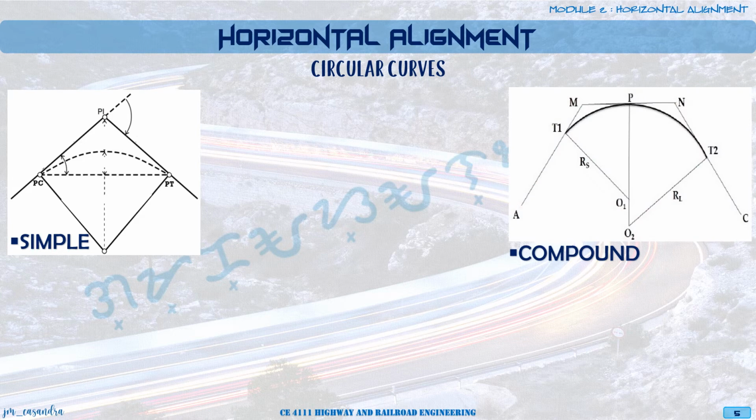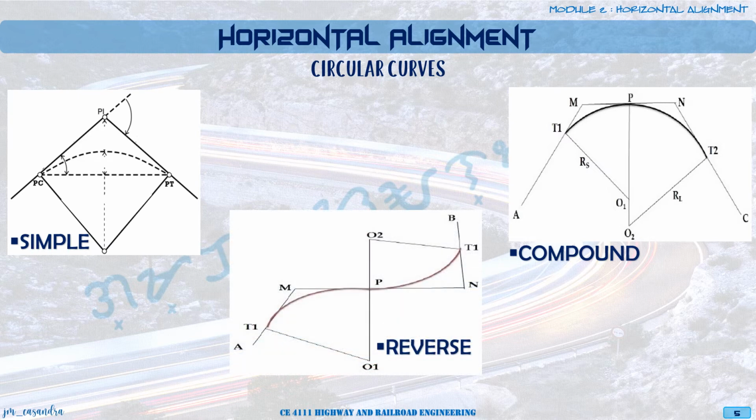We have our compound curve, which is composed of two curves with two different lengths of radii. And we have your reverse curve, which would also be consisting of two curves, but would be facing different or opposite directions.